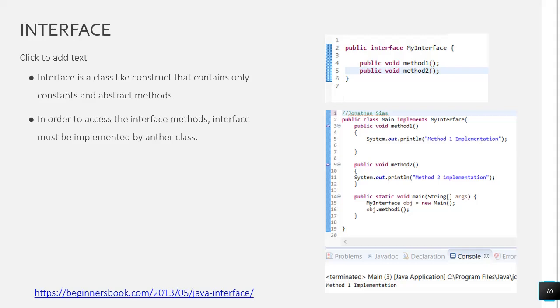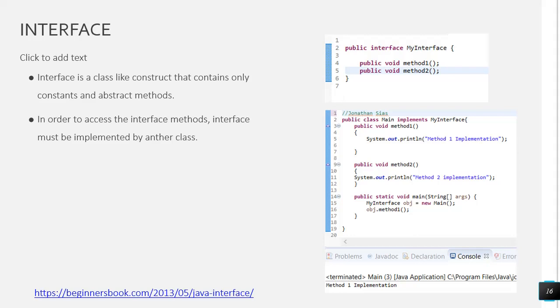Here in my main class, it implements my interface. This class must implement both of the abstract methods, else it will get a compile error. So I printed out method 1 implementation, and method 2 is going to print out method 2 implementation.